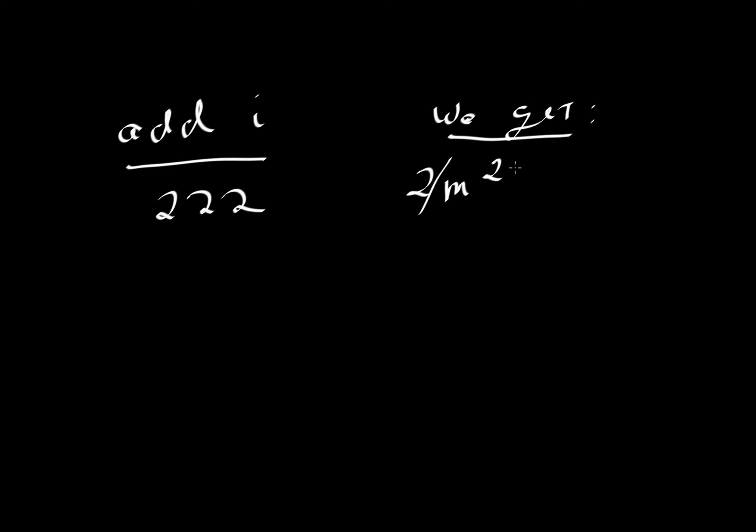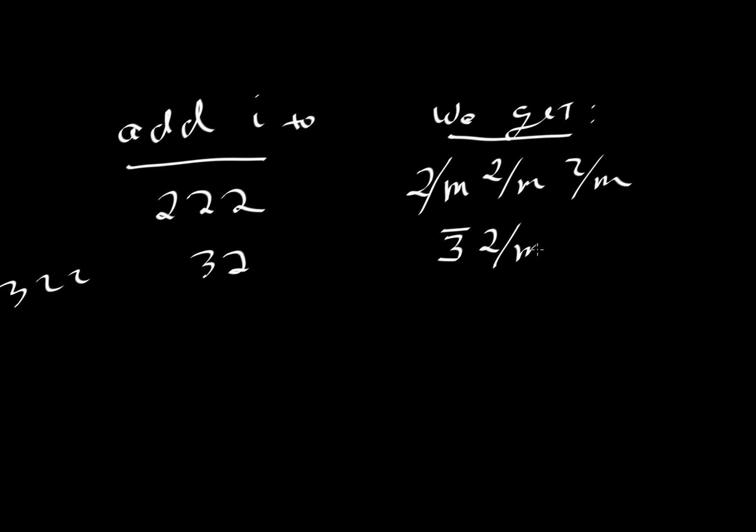So we would have a 2 over m, 2 over m, 2 over m. If we take a 3, 2, that's a shorthand of our 3, 2, 2 that we looked at earlier, then adding an I to a 3, 2, the odd fellow, 3 would become a bar 3, and then we would have a 2 over m. So this becomes that, and that would become that.